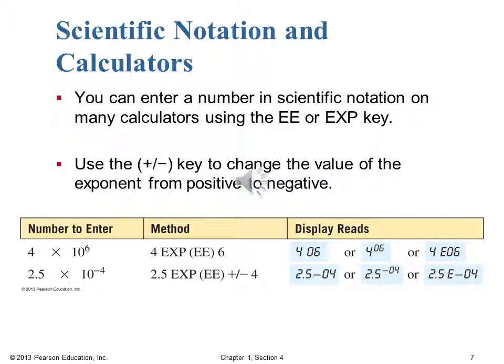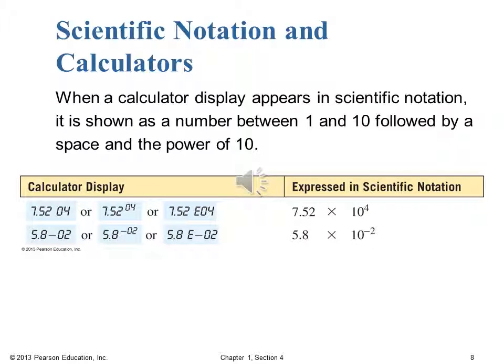And here we see a couple of examples of how to put them in and what you should expect to see. If you're having trouble with your calculator, get in touch with me sooner rather than later. I don't want you to have a bad first exam score because you didn't know how to use your calculator effectively. And so here we see some other examples of some values, how they might appear in the calculator.